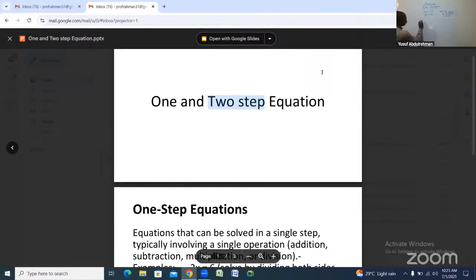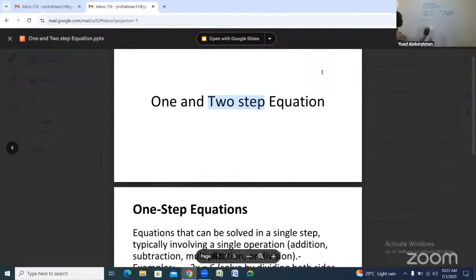Now, look at the board. We have 2x equals 14. Now, you need to understand that this is a one-term algebraic expression, all right? That is 2x. And the bond between 2 and x is what? Multiplication.